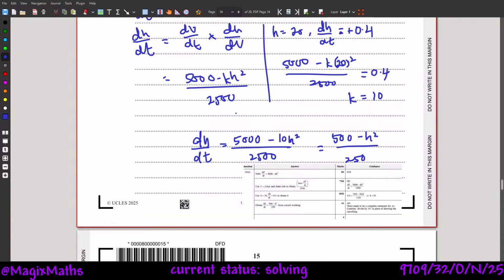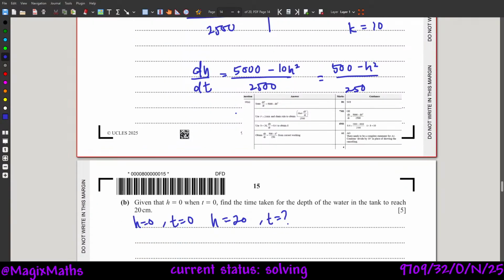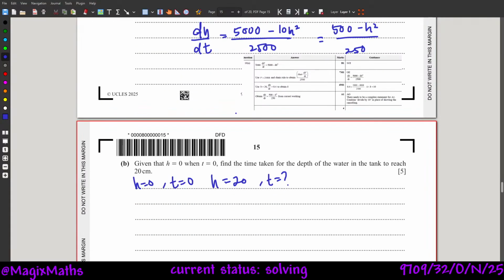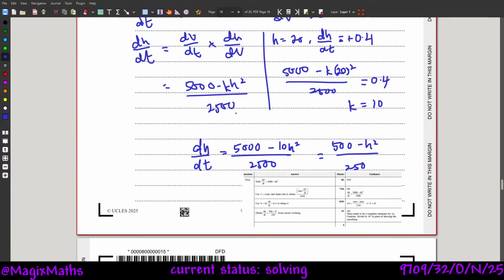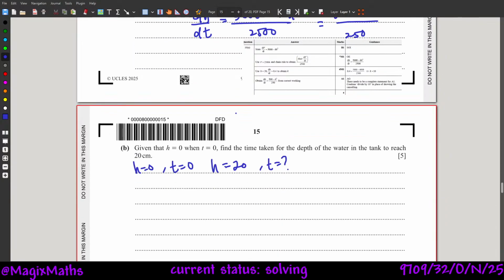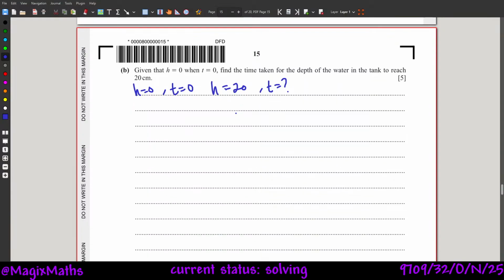Looking at our initial question, we want such that when we plot a graph, we have h and t. No, no, no. Should it be the case?